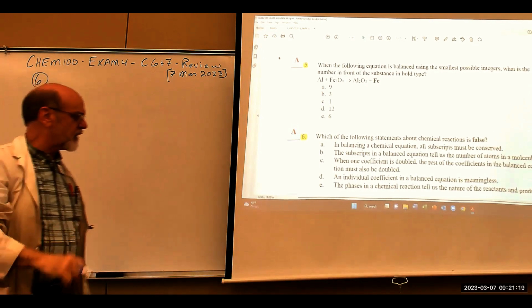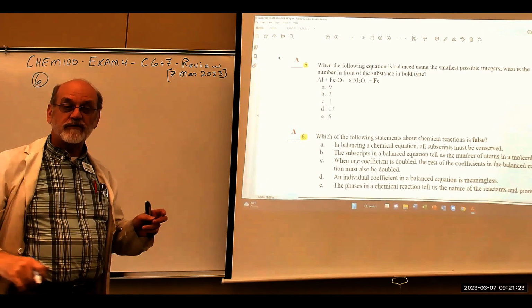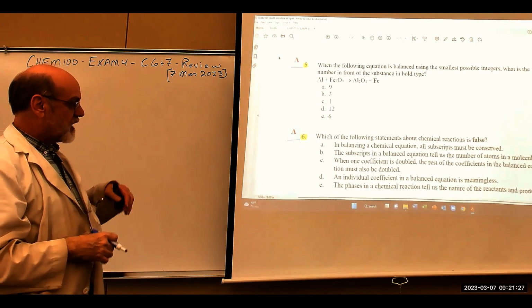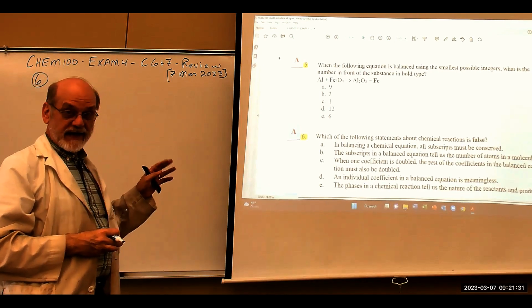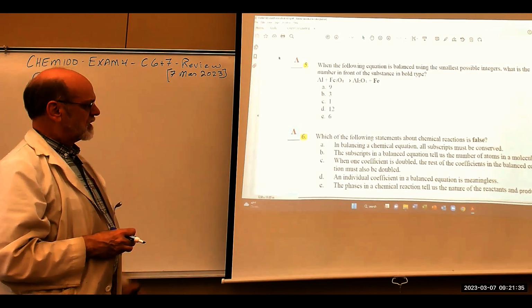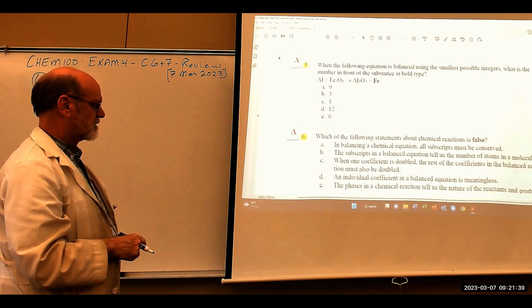Number 6, which of the following statements about chemical reactions is false? Here's another one where we're looking for the wrong one, so the rest of them should be true. In balancing the chemical equation, A, all subscripts must be conserved. We did this one before. I think this is repetition.